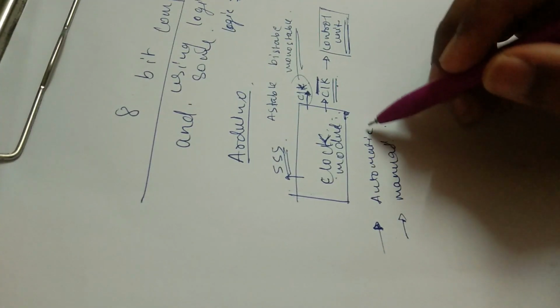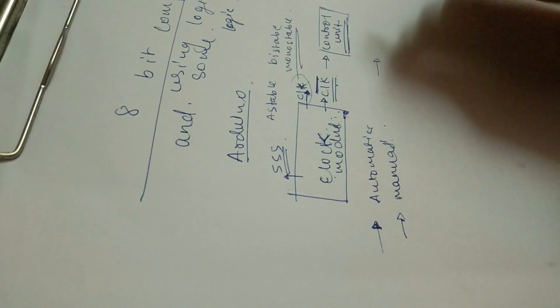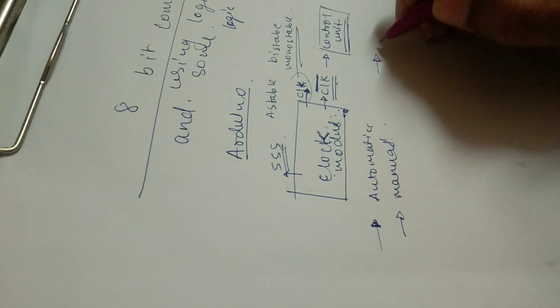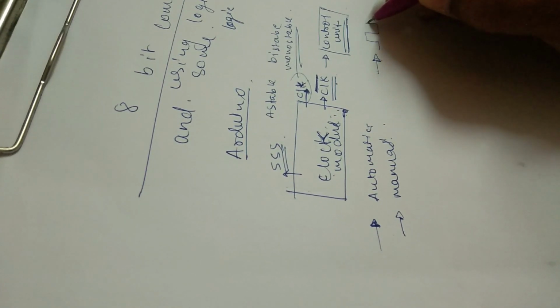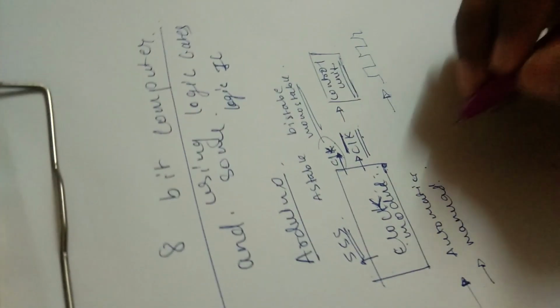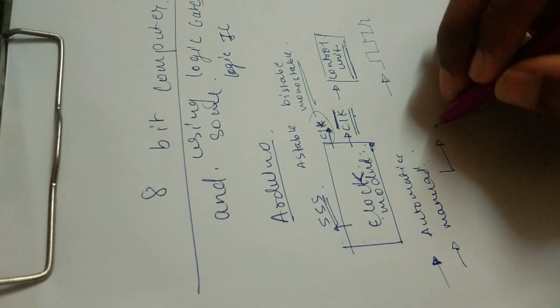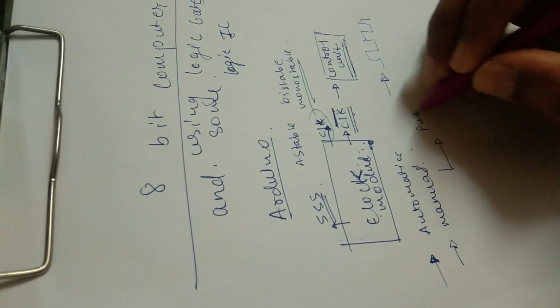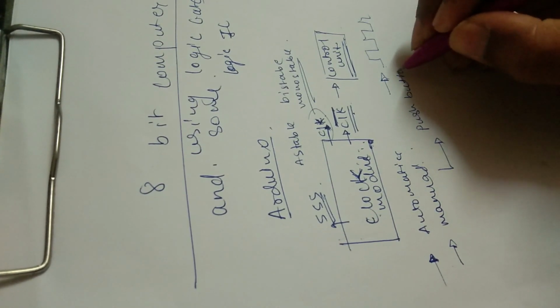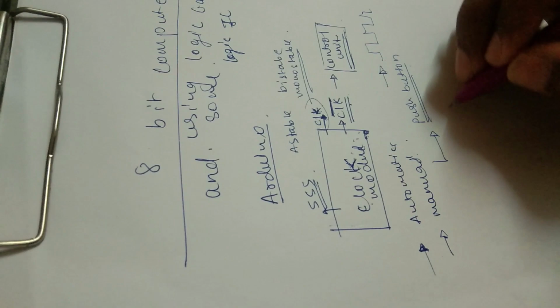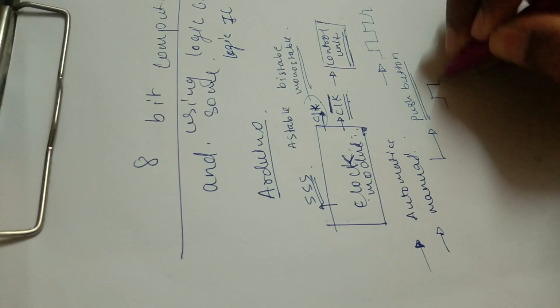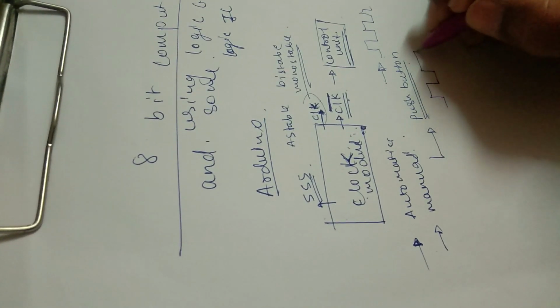In automatic mode, if we press a button, the clock will go on continuously, from high to low continuously. In manual mode, we'll keep a push button, and on each button press the clock will be triggered.